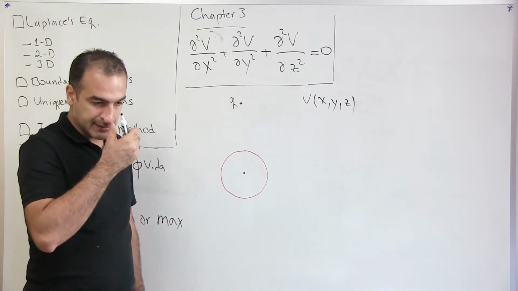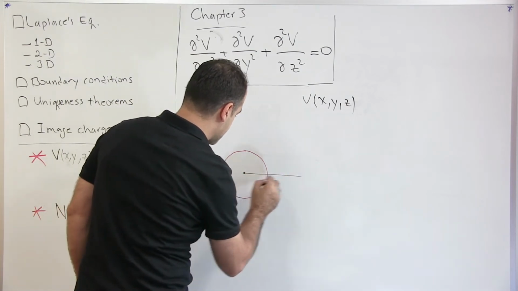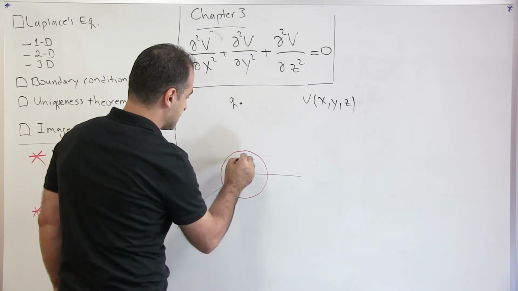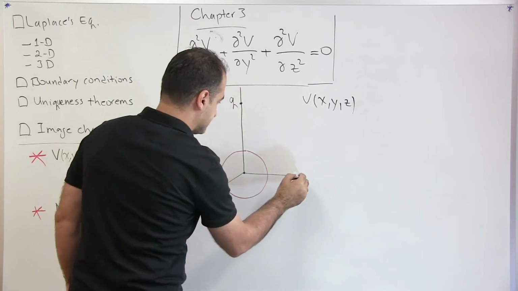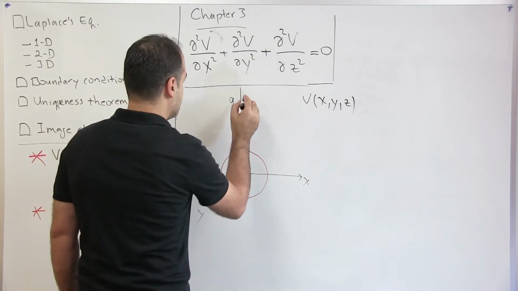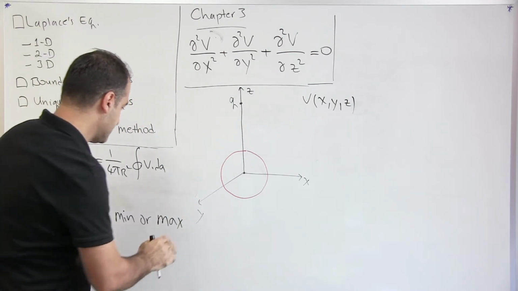To look into that, I'm going to choose my coordinate system to be right at the center of this point. So this is going to be my X, Y, and Z. Actually, the other way around.